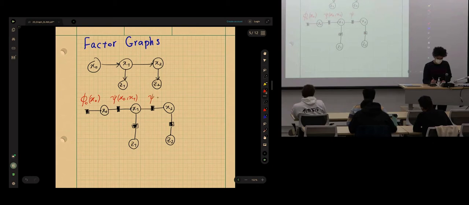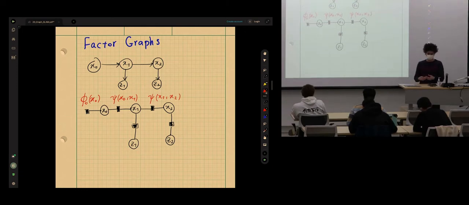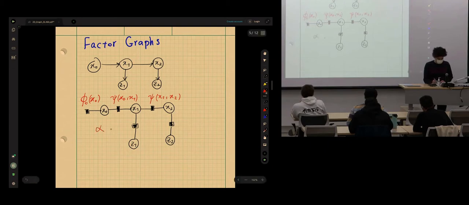We have another one here. So this function is the same, but the inputs are different. We have x0 and x1. Then we have another one of that type of function that describes the relationship between x1 and x2. Then maybe you have another type, we call it alpha, and that describes the relationship between x1 and z1. Maybe another one here, x2 and z2.